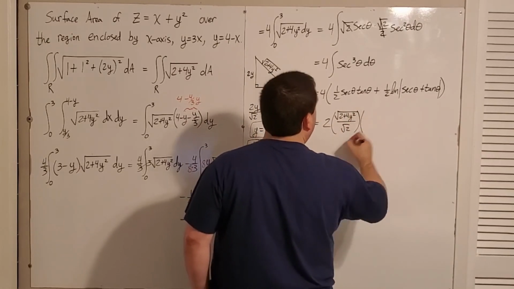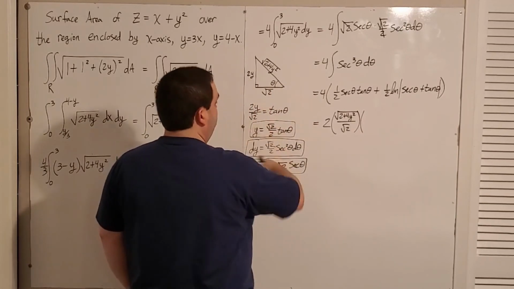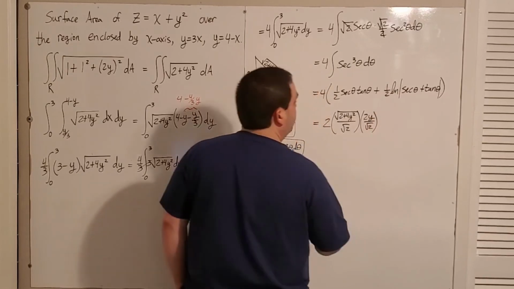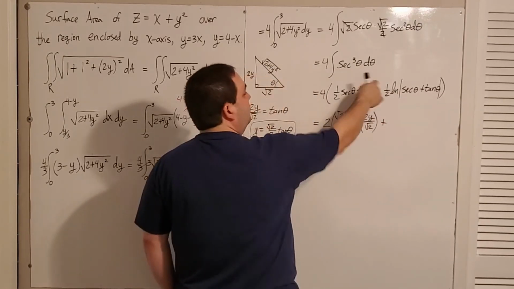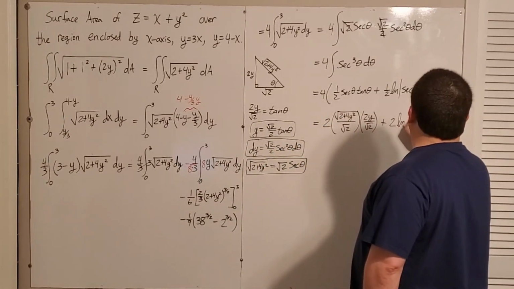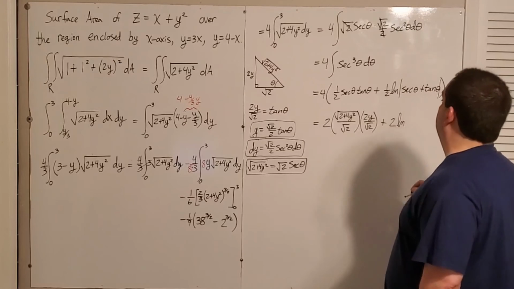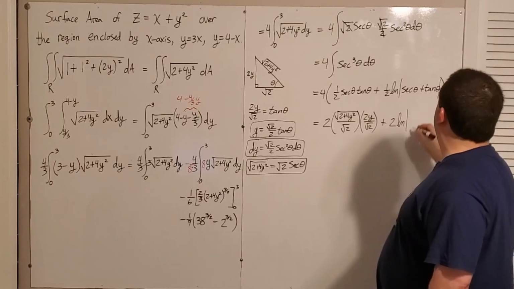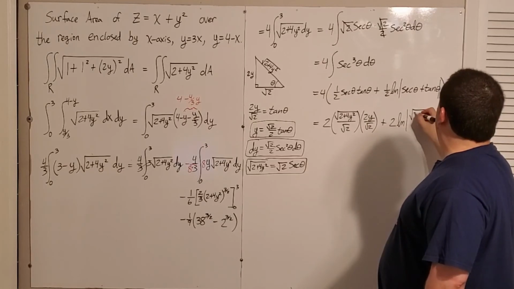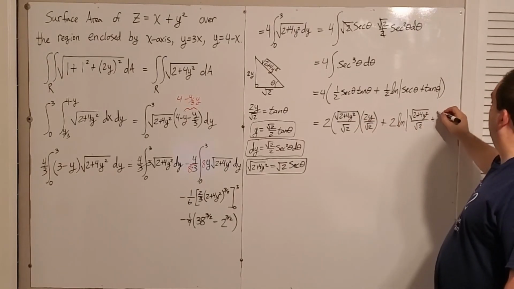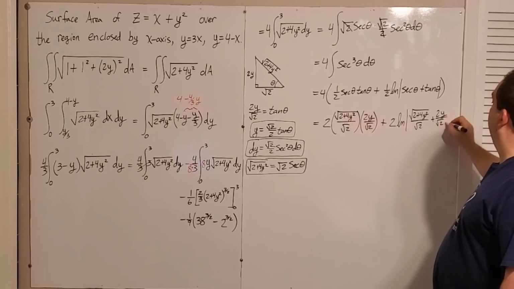And tangent theta is 2y over square root of 2. Plus 4 times 1/2 gives me a 2 again. And then I've got ln and absolute value of the same secant and tangent that were over there, right? I'm just adding them in now. 2y over square root of 2, like so.